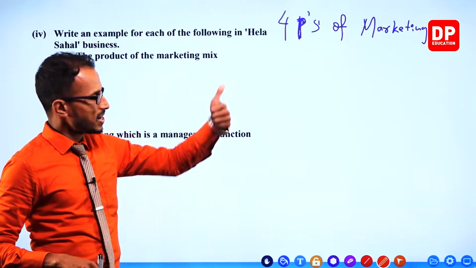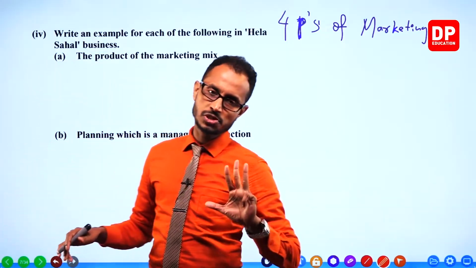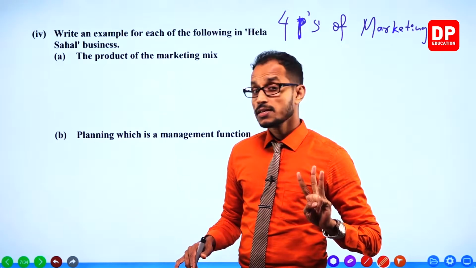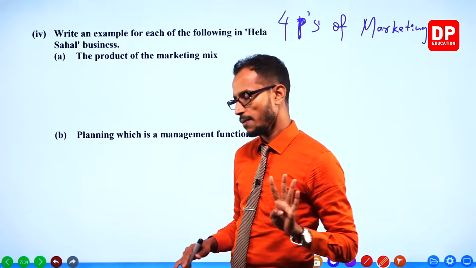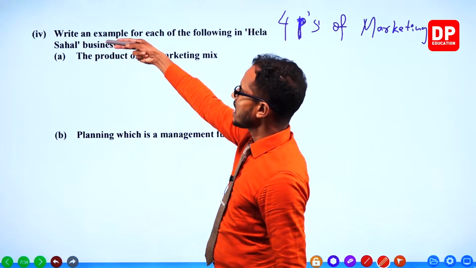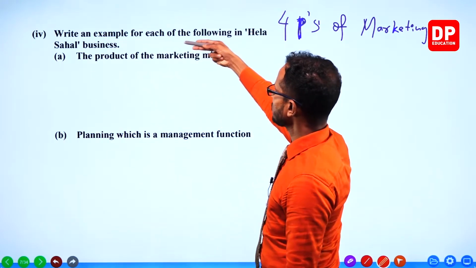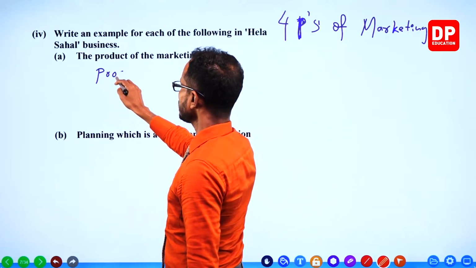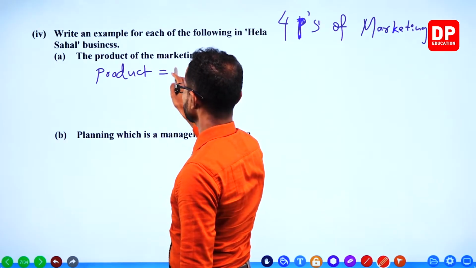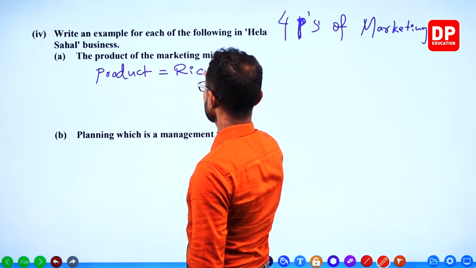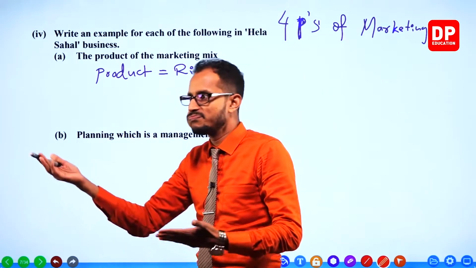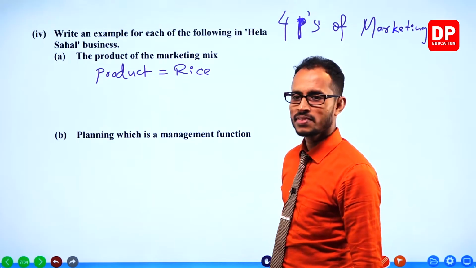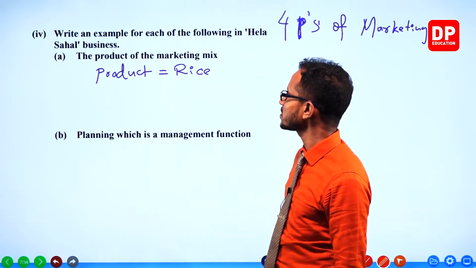Product, price, place, promotion. These are the 4 P's. Example for each of the following from Hela Sahal. Product is rice. Hela Sahal is not supplying cement, no. They are supplying rice, so that is their product.